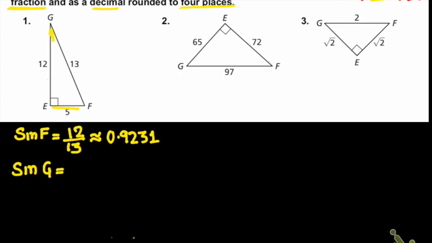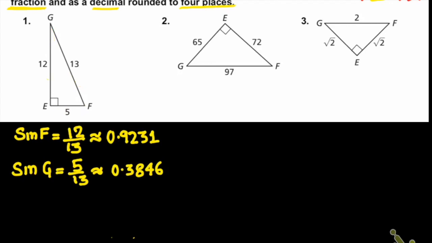For G, the opposite is this, and this is the hypotenuse. So I have 5 over 13. That's my fractional answer. When I do the division and round to the 4th place, it's 0.3846. That's my answer.